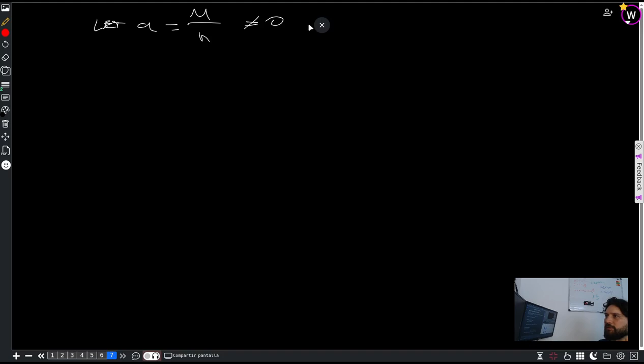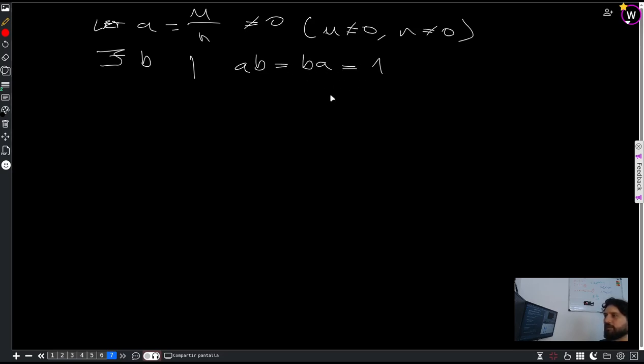So that means m is different to 0 and n is different to 0, right? Our job is to prove that there exists a number b such that a times b is b times a, and it is 1. We've actually done this before. We will see what we're talking about here.